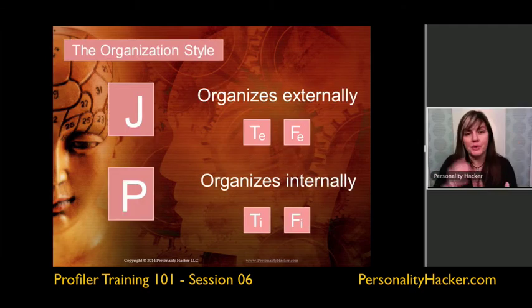And remember, with the organization style, judgers organize externally, whereas perceivers organize internally. So in order to connote which style of organization we prefer, if we're a judger, a J, we are going to externalize or extrovert our judging process. What is the judging process? Thinking and feeling, right?